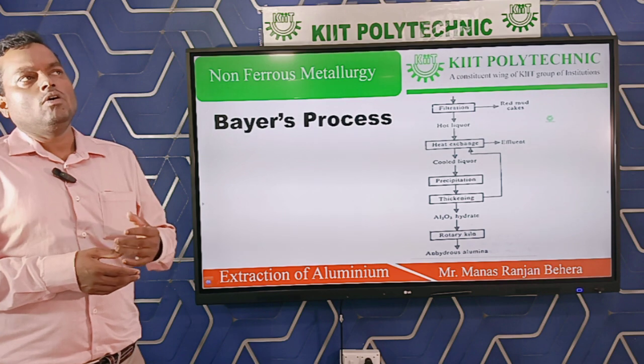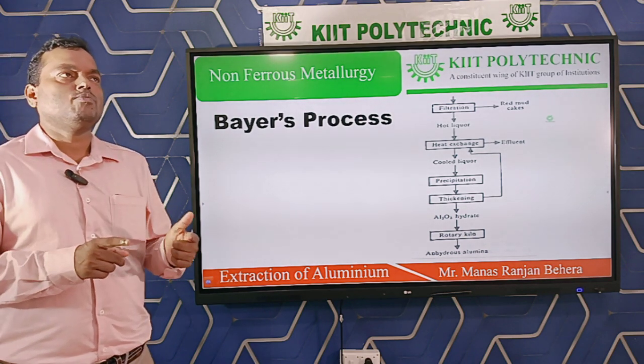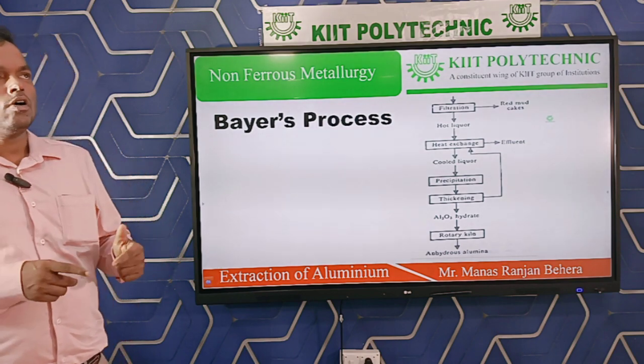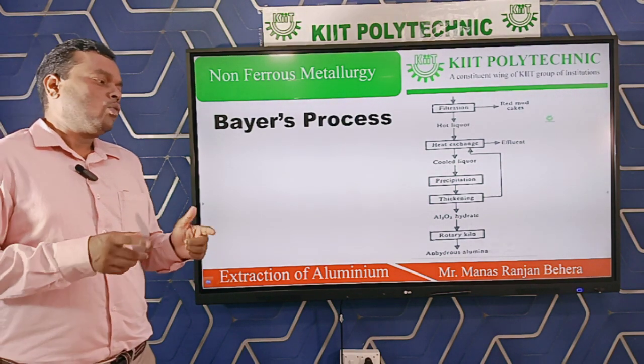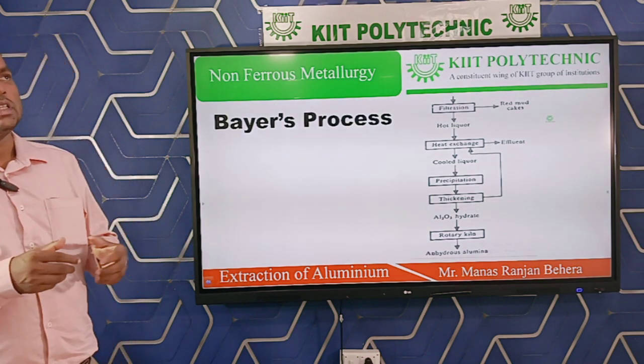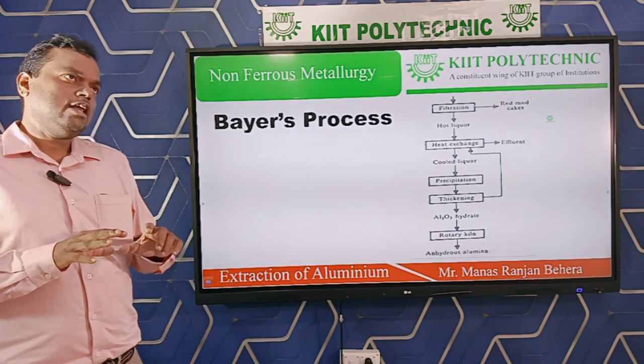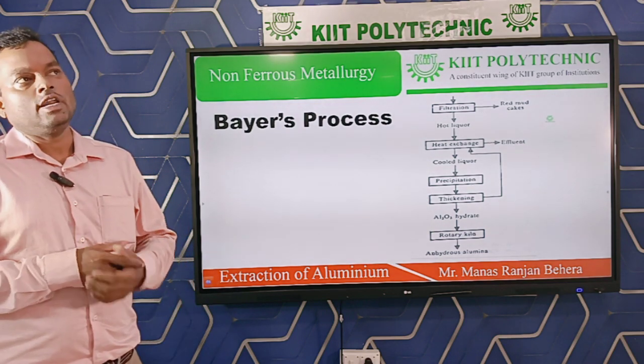As we know, comparing copper and aluminum, copper is nobler than aluminum. The nobler metal will be deposited and the less noble metal will be dissolved in the solution. So copper is deposited at the bottom and the aluminum is dissolved in the solution.